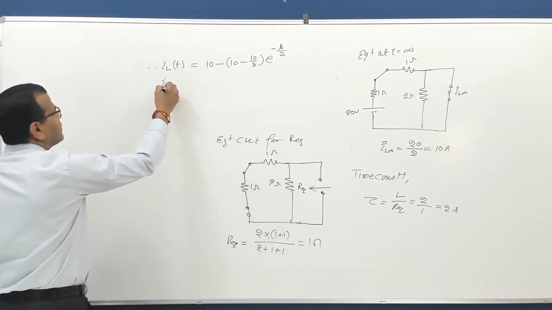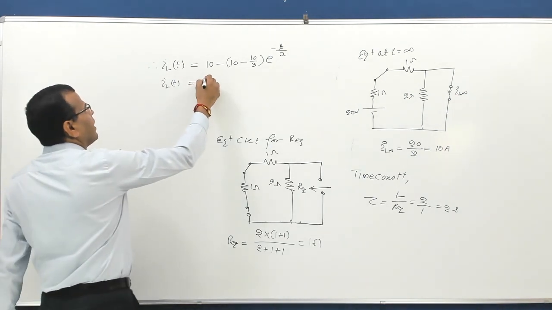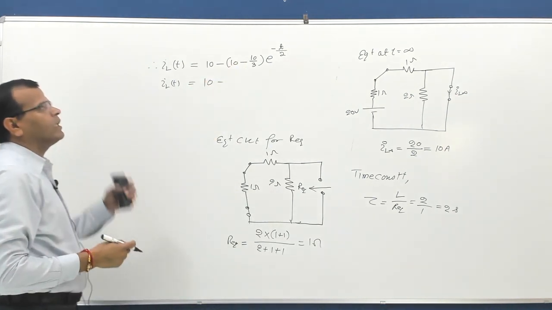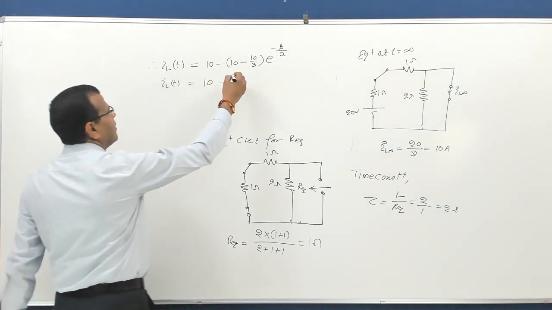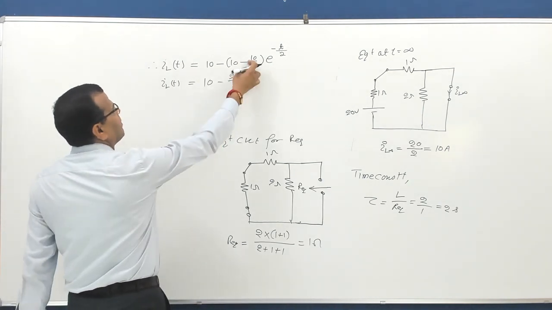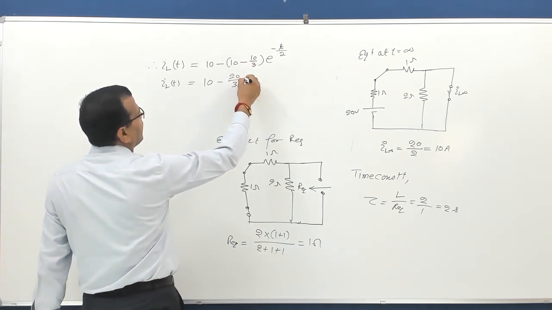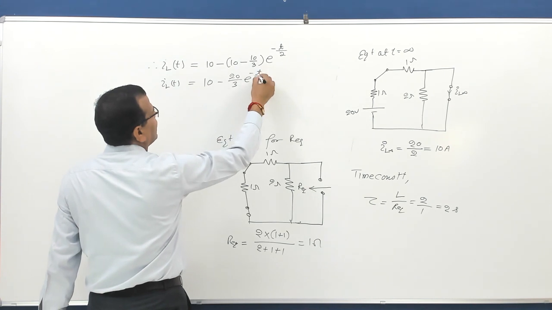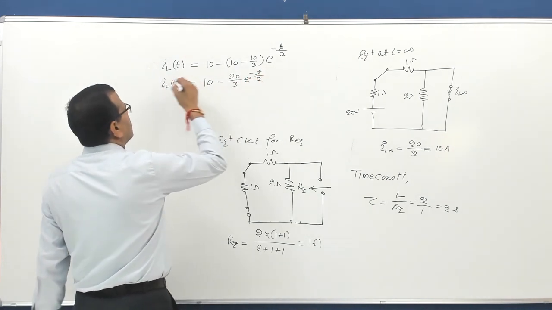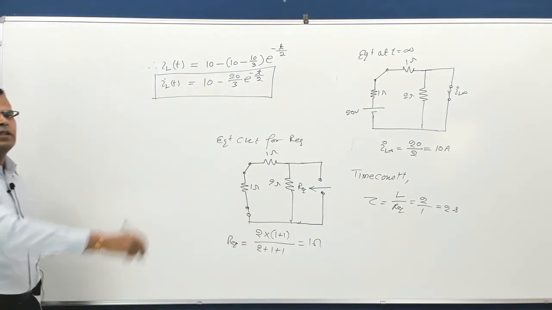So you can further simplify this. IL(t) is equal to 10 minus, how much is this? 30 minus 10, that is 20 by 3, e raised to power minus t by 2. This is nothing but the current through the inductor for t greater than 0.